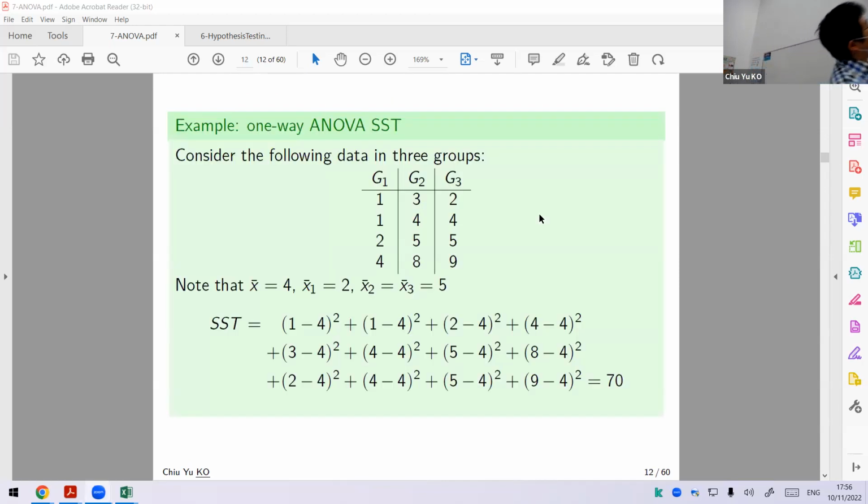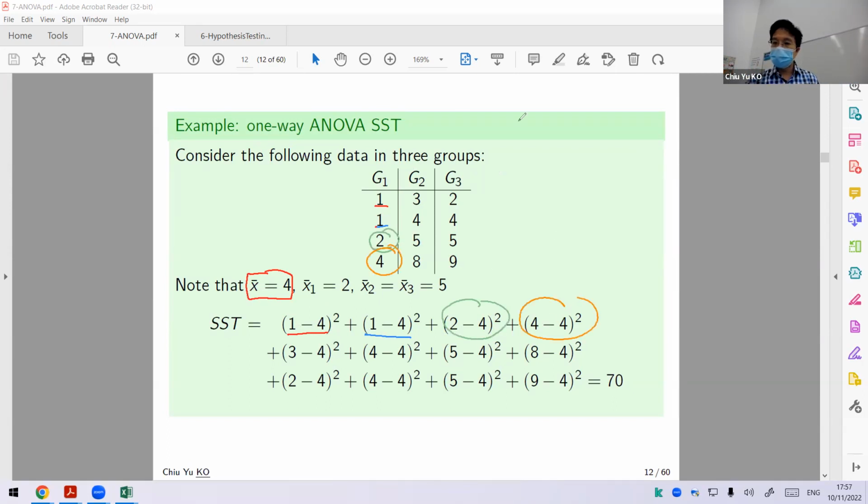Here I just illustrate how you can calculate SST. I'm not going to do it, but just to say the overall mean is 4. So what we're going to do is 1 minus 4, and then 1 minus 4 here, and then go down, say 2 minus 4 here, and then 4 minus 4.